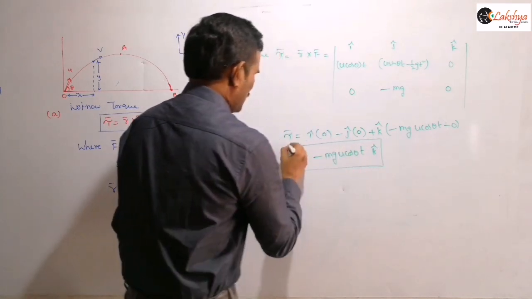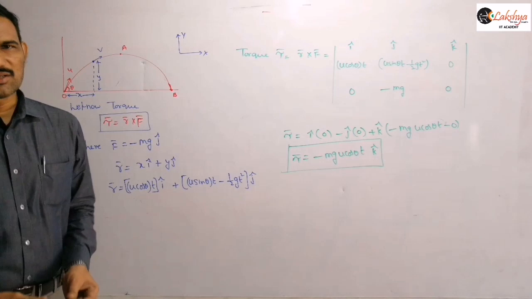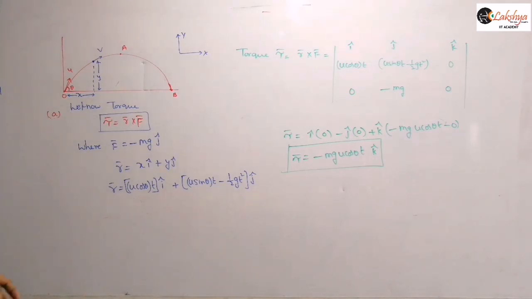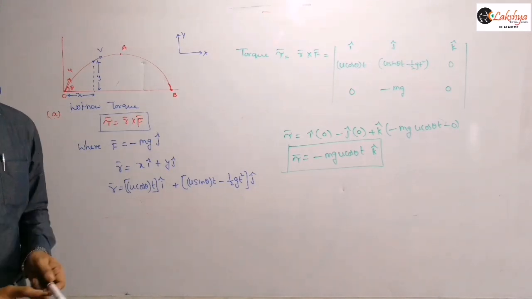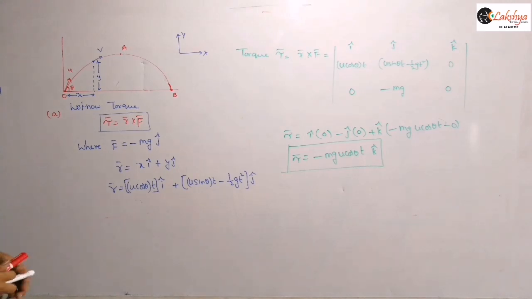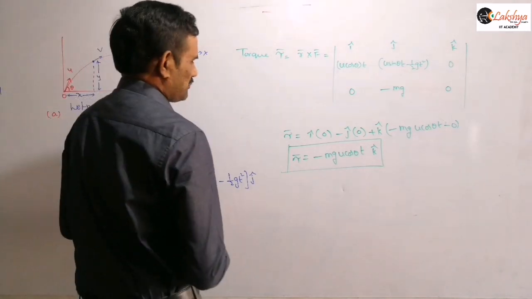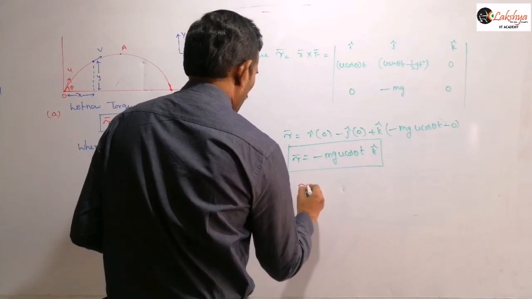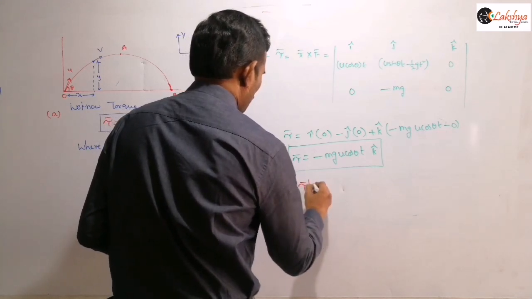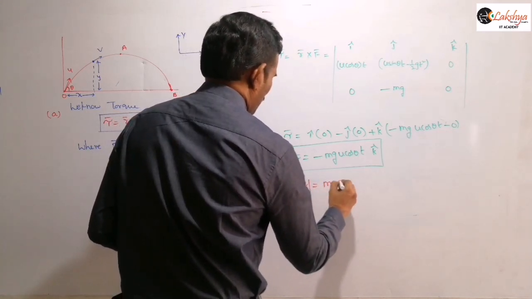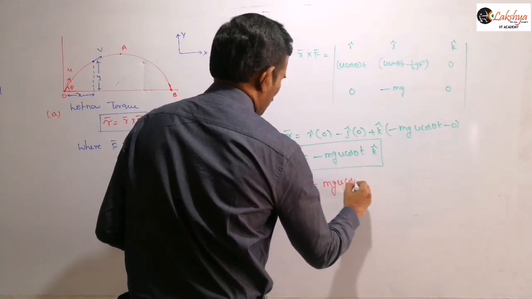This is the value of the torque acting on this projectile at any instant of time. If I ask simply for the magnitude of this torque, the modulus of this tau bar I can write as simply mg into u cos theta into t.